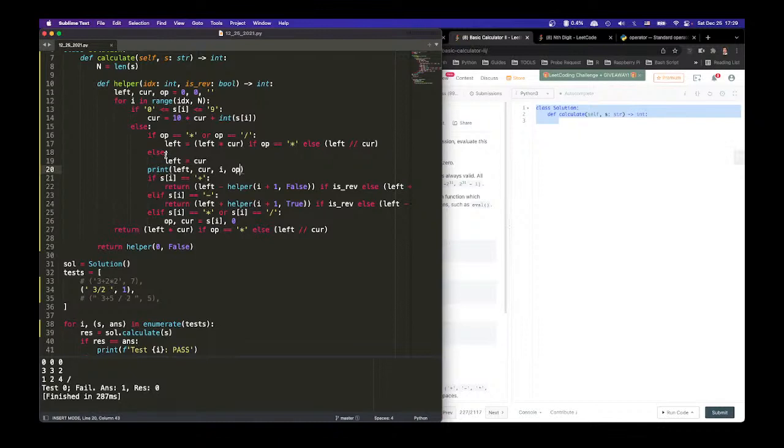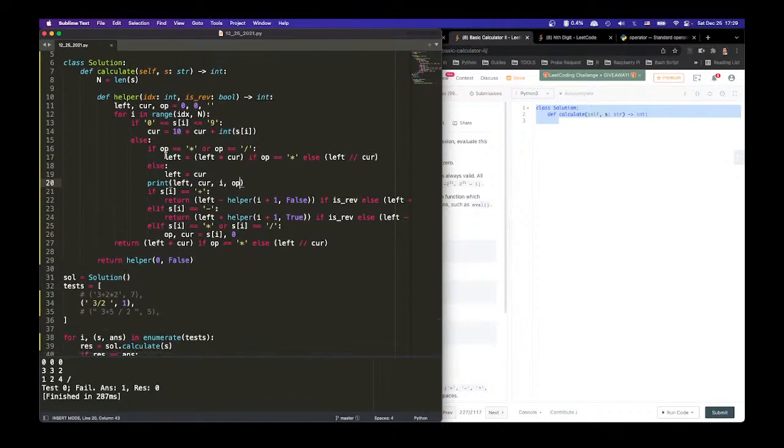Oh, I see. I see. Well, I think what we should do is, let me see, empty spaces.